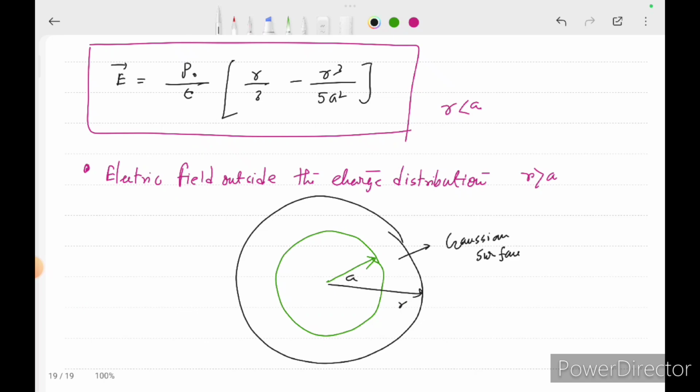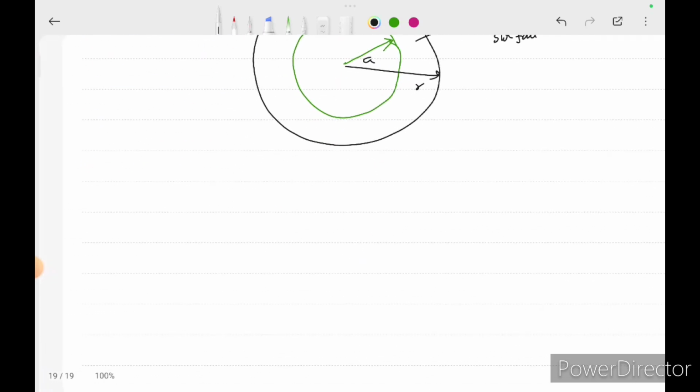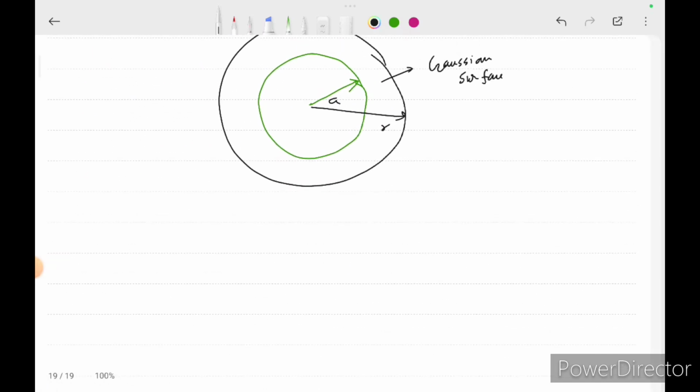So again we use the integral form of Gauss's law: the integral of E dot dS equals q enclosed upon epsilon naught. Again by solving these integrations, that is 4 pi r squared E upon epsilon naught, and q enclosed is nothing but rho dV.